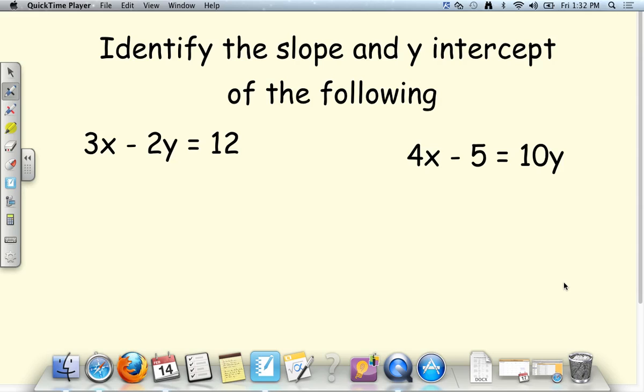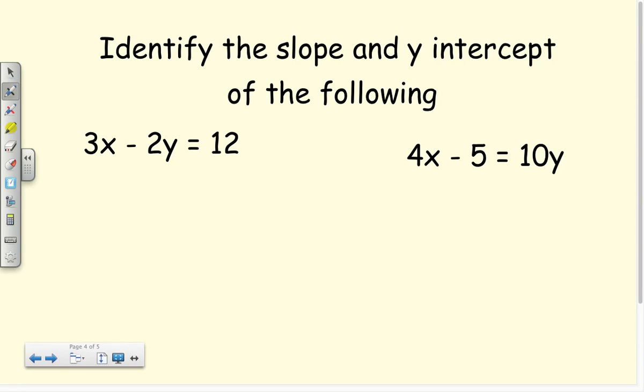All right, so the first thing that I want to do with this first equation is get my y alone in y equals mx plus b form, so I'm going to move my 3x over. I want to make sure it's the one that's right next to the equal sign.